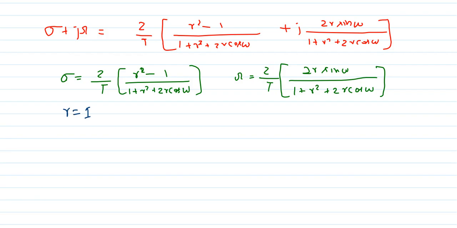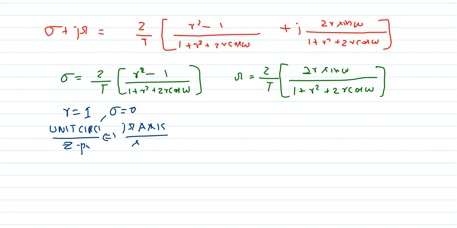Sigma will become 0. What does it mean? r equal to 1 is nothing but the unit circle, and sigma equal to 0 means it is your j omega axis. So the unit circle in your z plane maps onto the j omega axis in your s plane. So the first condition is satisfied.